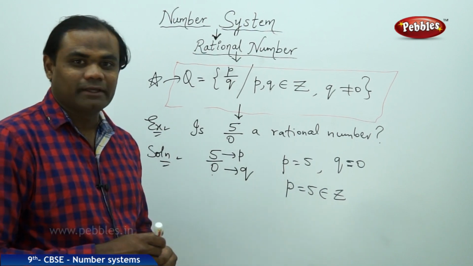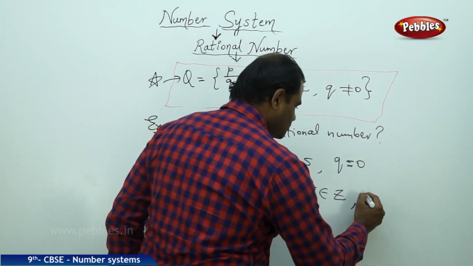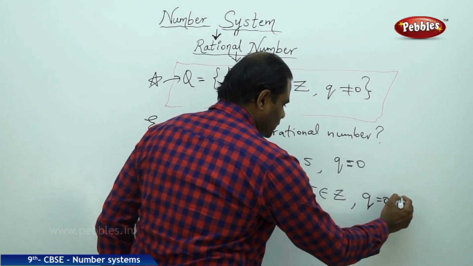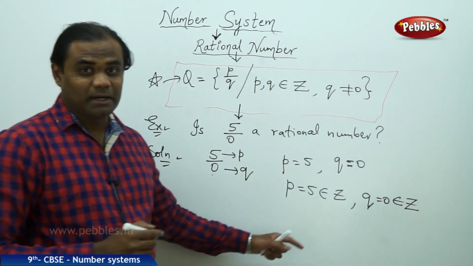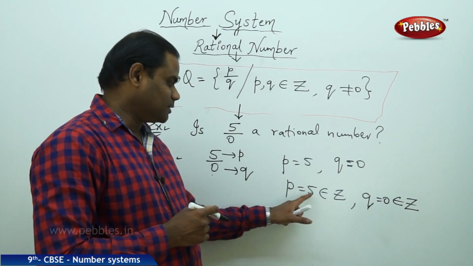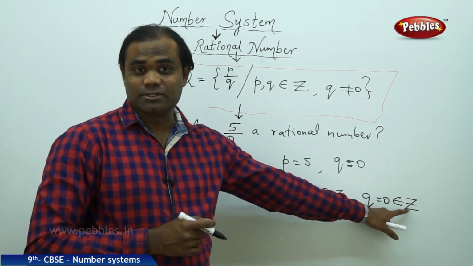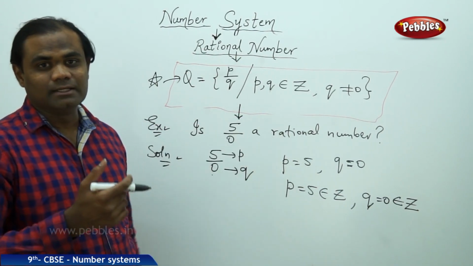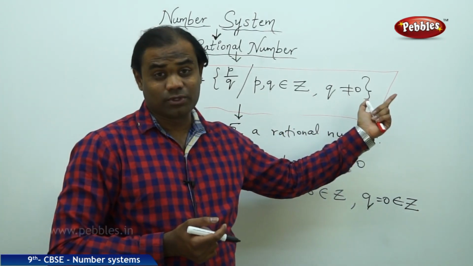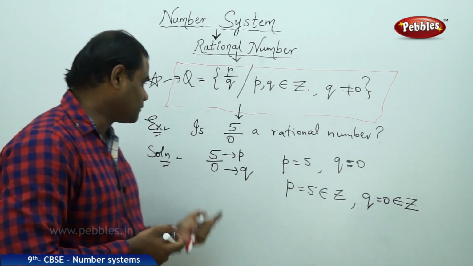Next, I identify the number Q, which is 0, and this also belongs to Z. So it definitely passes test number 1, where P is 5, which belongs to Z, and Q is 0, which belongs to Z. Now let's see test number 2, which also needs to be passed before we justify 5 by 0 to be a rational number or not a rational number.